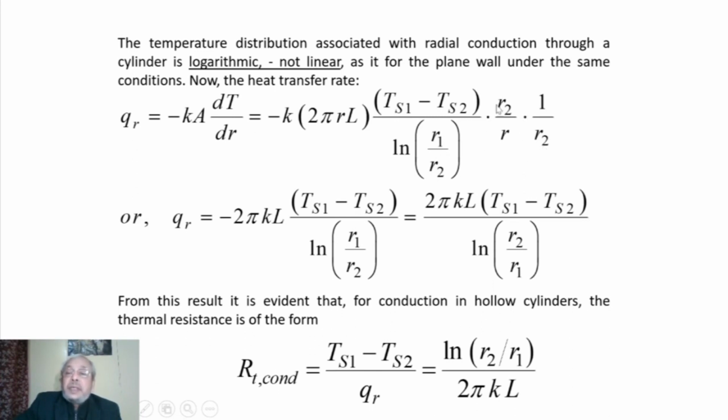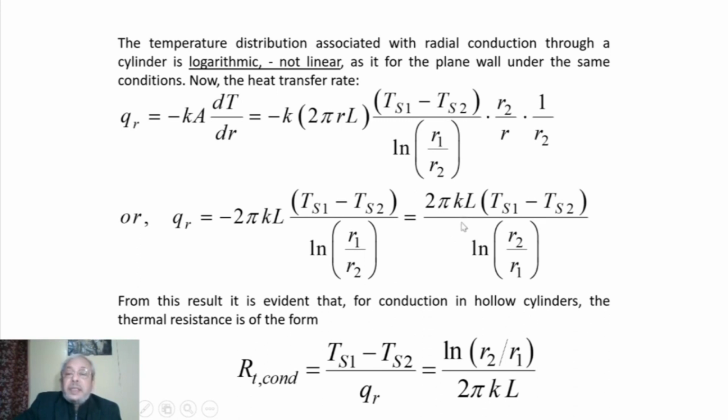Here this R2 will cancel out, this R will cancel out. So we get Qr equal to minus twice pi KL Ts1 minus Ts2 divided by ln R1 by R2.